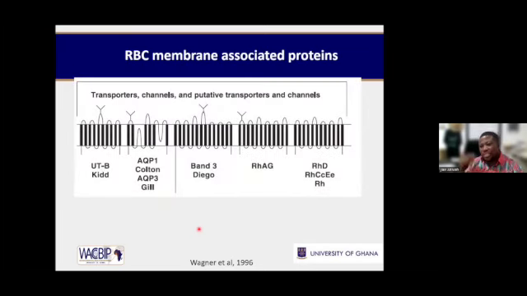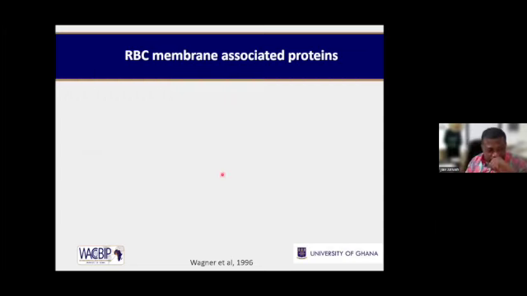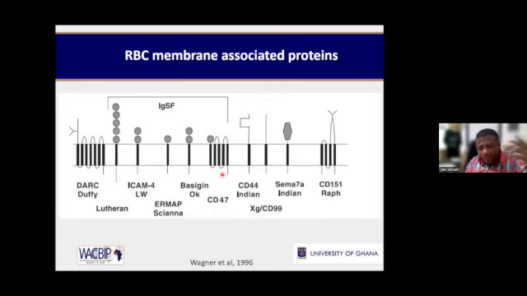But one particular thing from the host, there are different proteins, some transmembrane proteins, some membrane associated, glycosylated and non-glycosylated. Some of the proteins have been known as receptors used by the parasite. Basigin, this is clear.